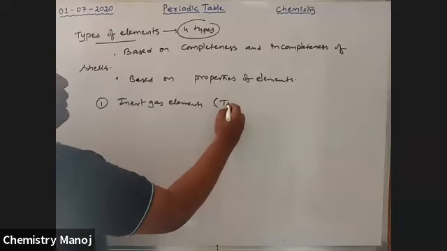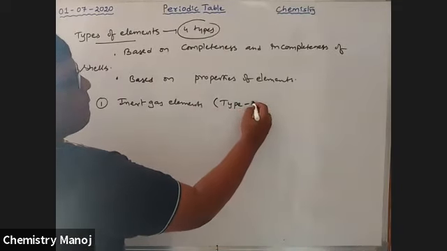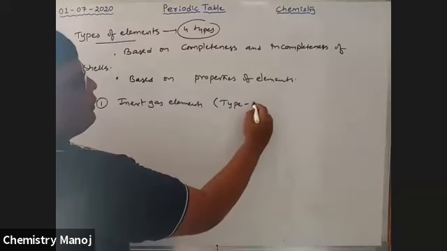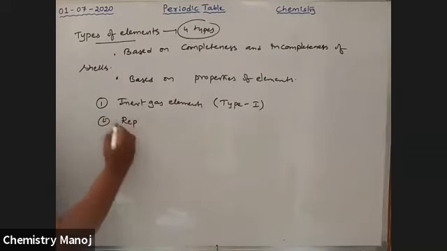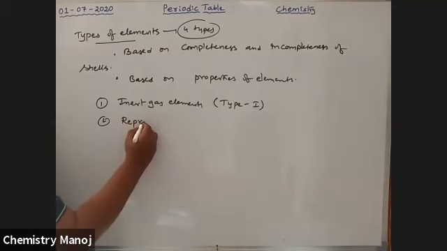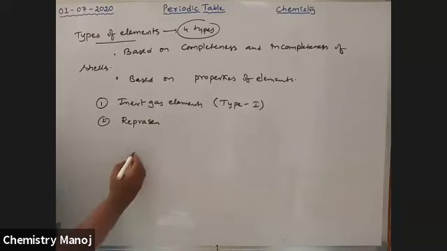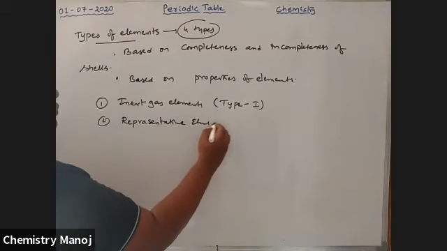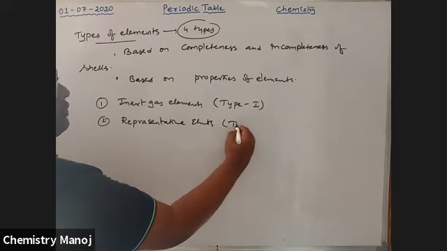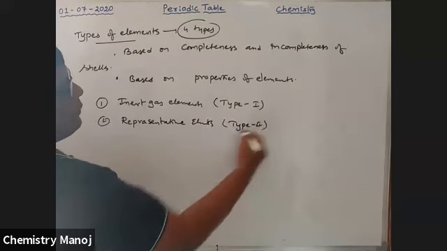Also called type 1 elements. Second one, representative elements, nothing but type 2 elements.